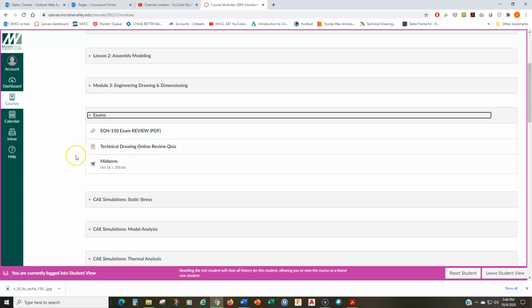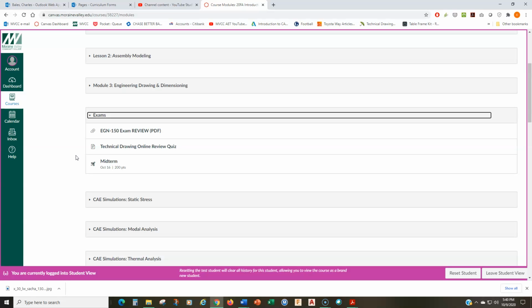The midterm exam is going to cover everything that we talked about in Module 3, okay? So the midterm exam will have no questions about Fusion 360, all right? It will have no CAD 3D modeling questions on it whatsoever.